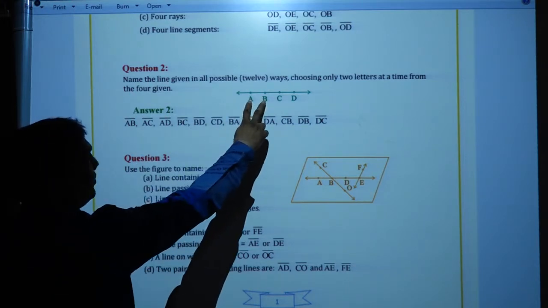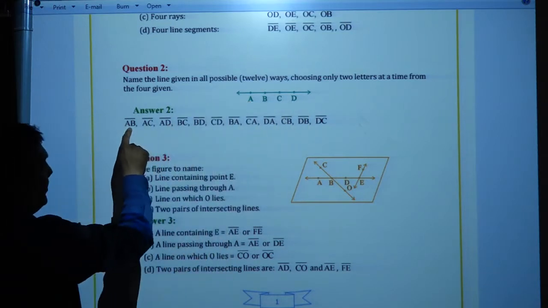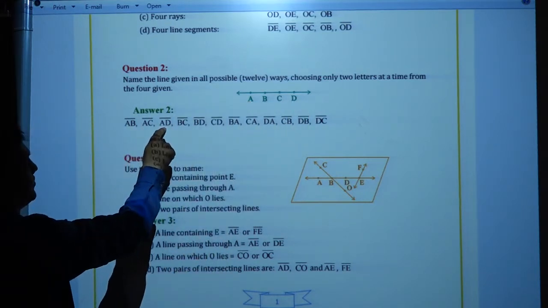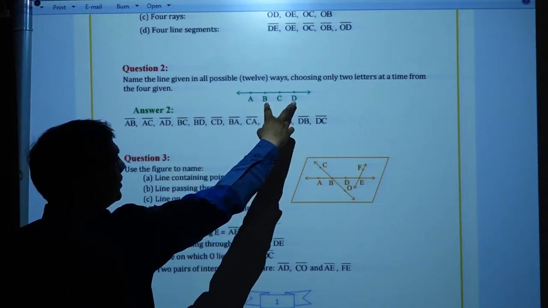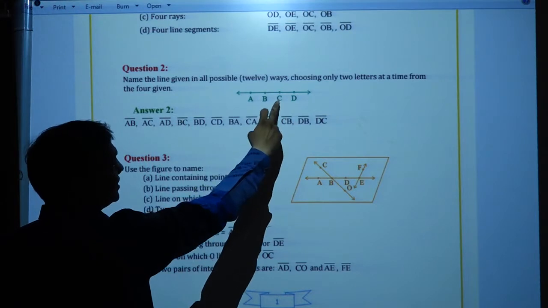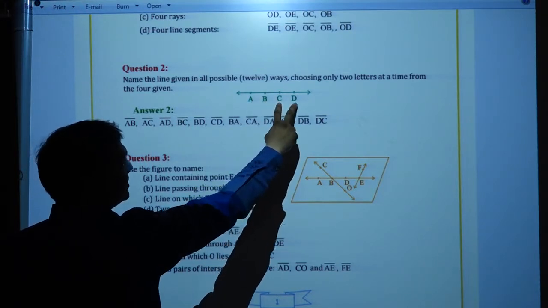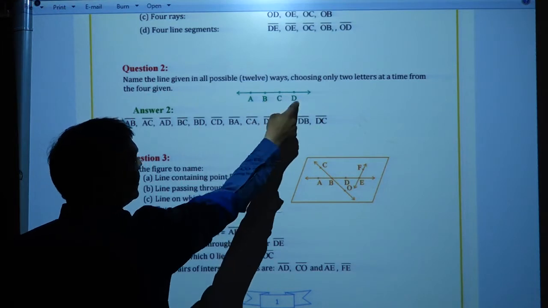Start from A: AB, AC, AD. Next, start from B: BA, BC, BD. Next, start from C: CA, CB, CD. Next, start from D: DA, DB, DC.